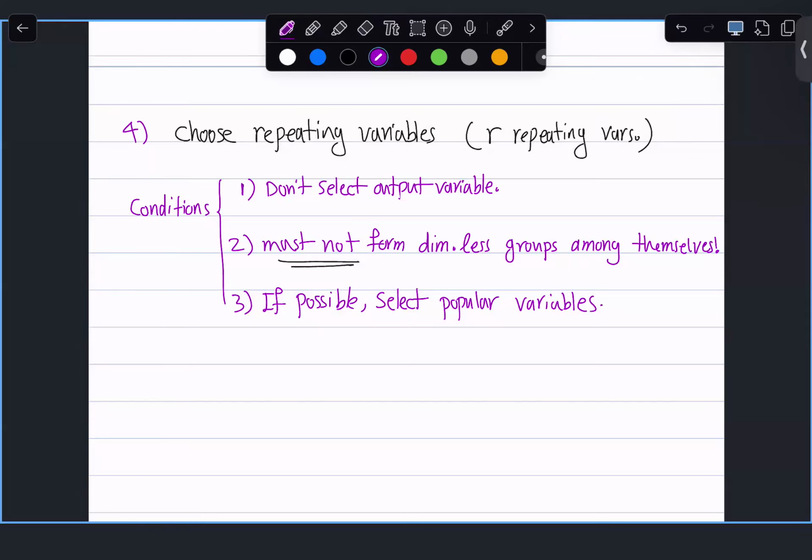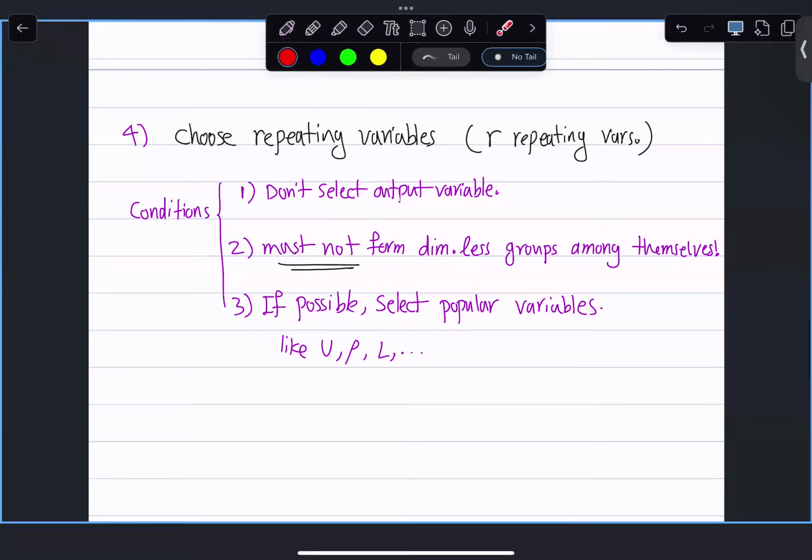Usually there are things that are easy to change in an experiment. Things like the speed of the flow, right? So things like U, density, you can change the fluid length. Those are usually easier variables to change. But again, I know that 1 and 3 are not that strong, but 2 is a very strong condition. You want to make sure that 2 is satisfied.